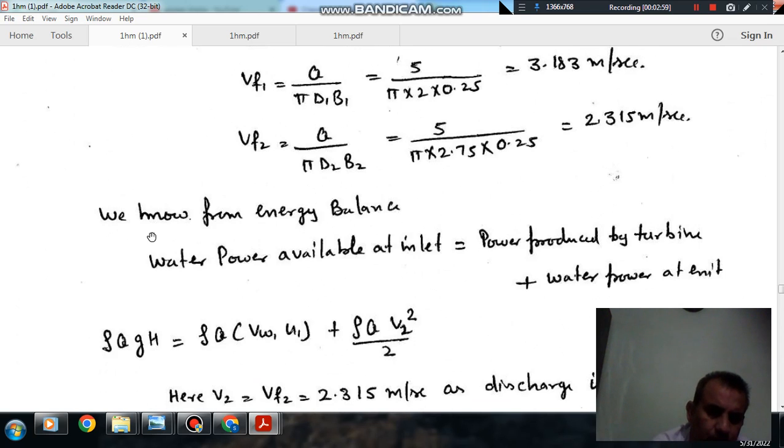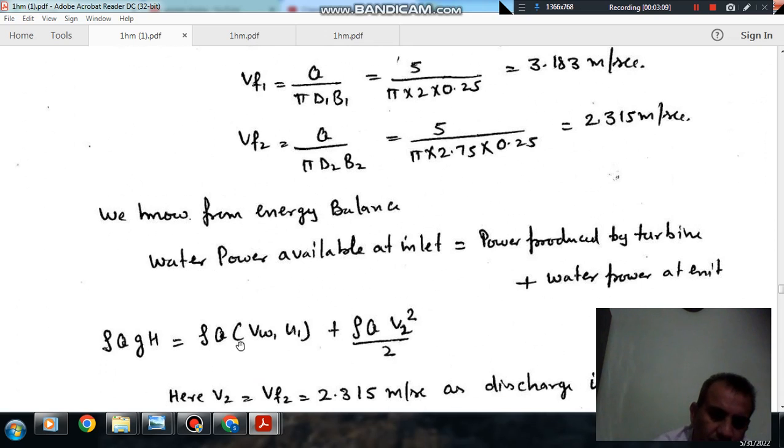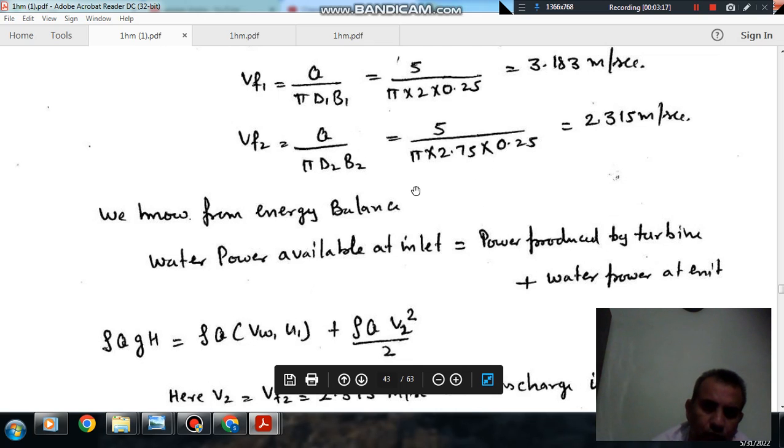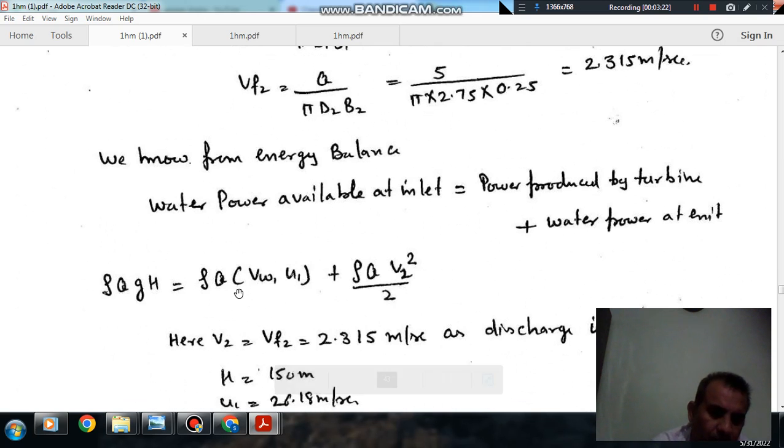Now from energy balance, we have the water power available at inlet, that is rho Q g H, which should be equal to the water power that is used plus the water power that is unused. The power used is the power drawn by the turbine.